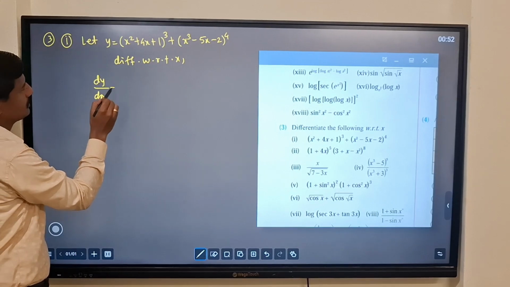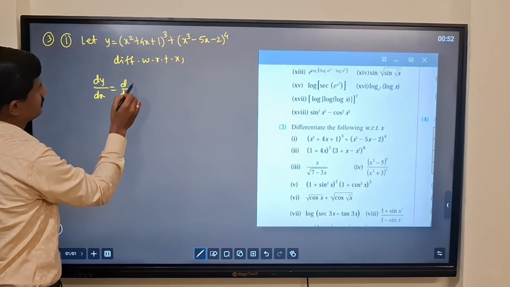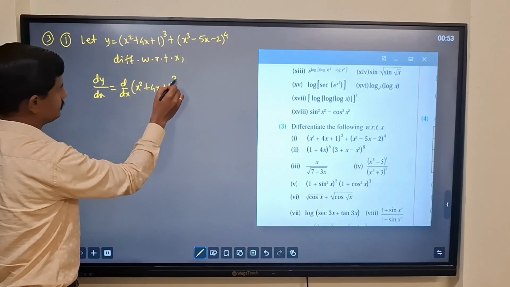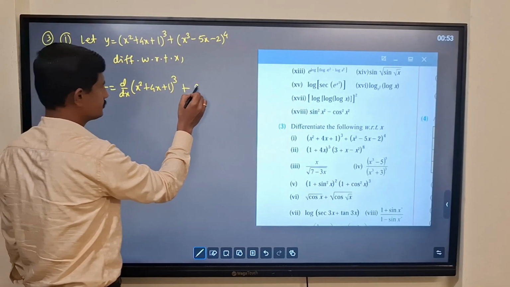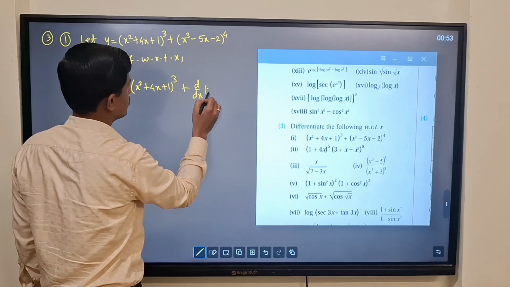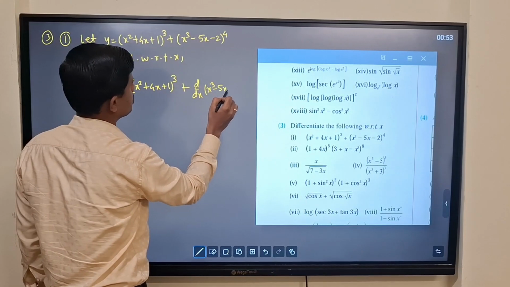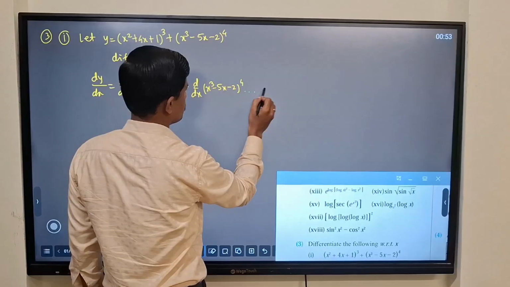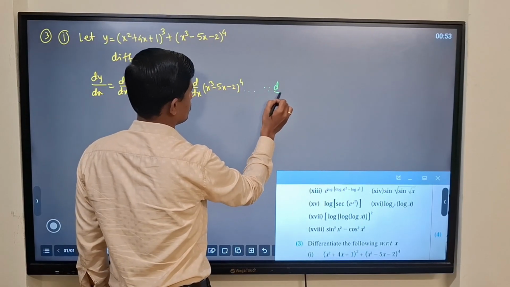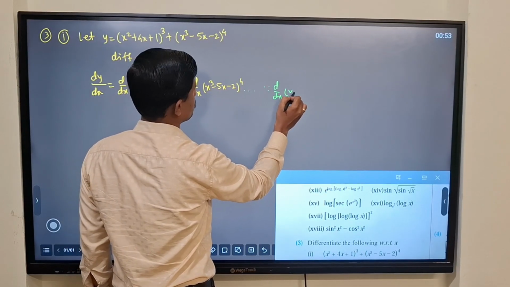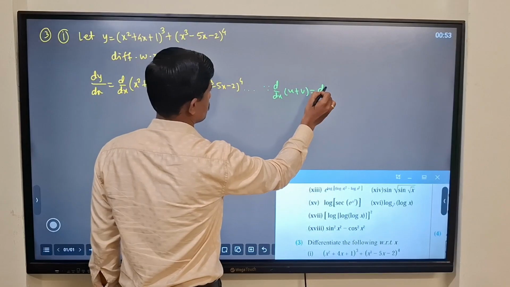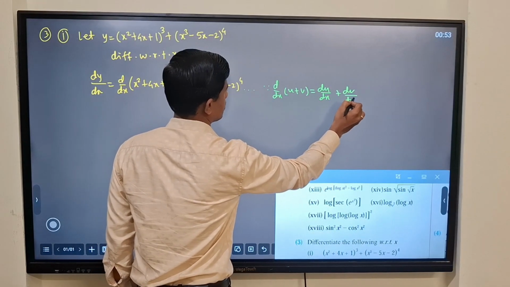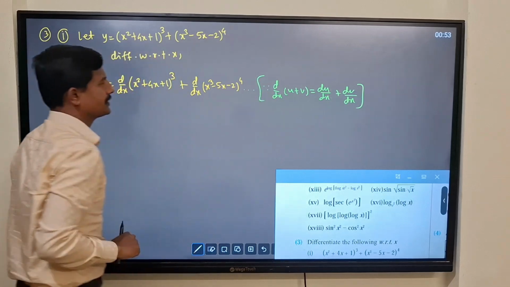dy/dx equals d/dx of (x² + 4x + 1)³ plus d/dx of (x³ − 5x − 2)⁴. Here we are using the formula d/dx of (u + v) equals du/dx plus dv/dx.